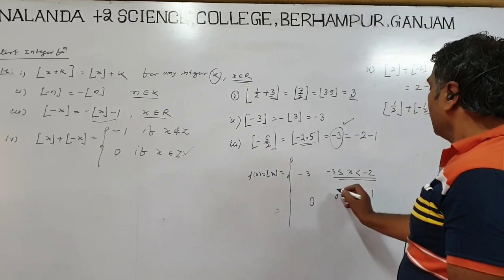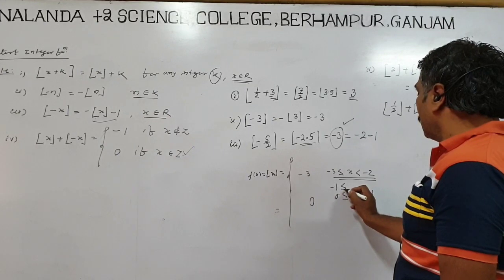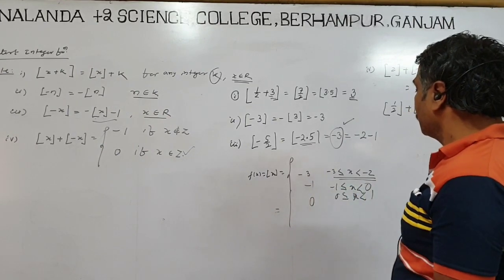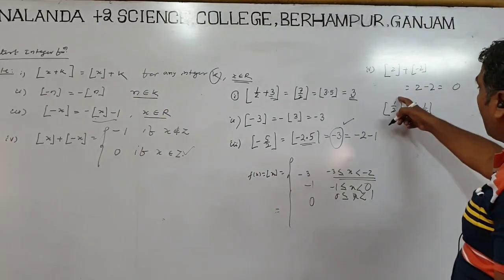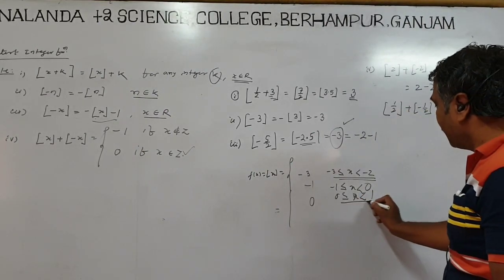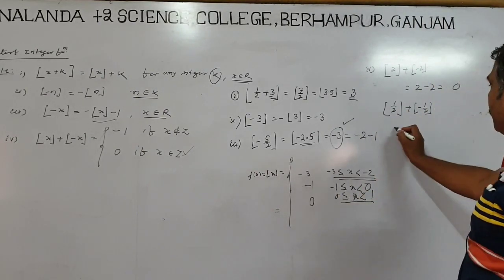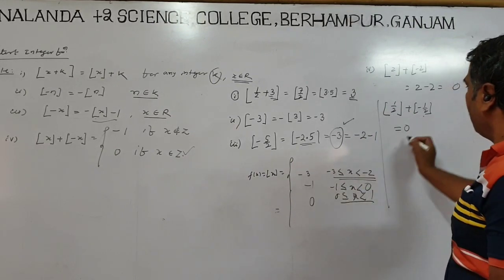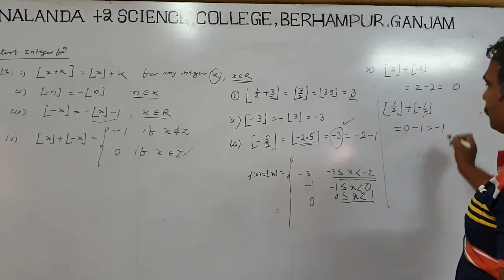Similarly, for minus 1 less than or equal to x less than 0, this is minus 1. Now what about minus half? It lies in this interval, so minus 1.